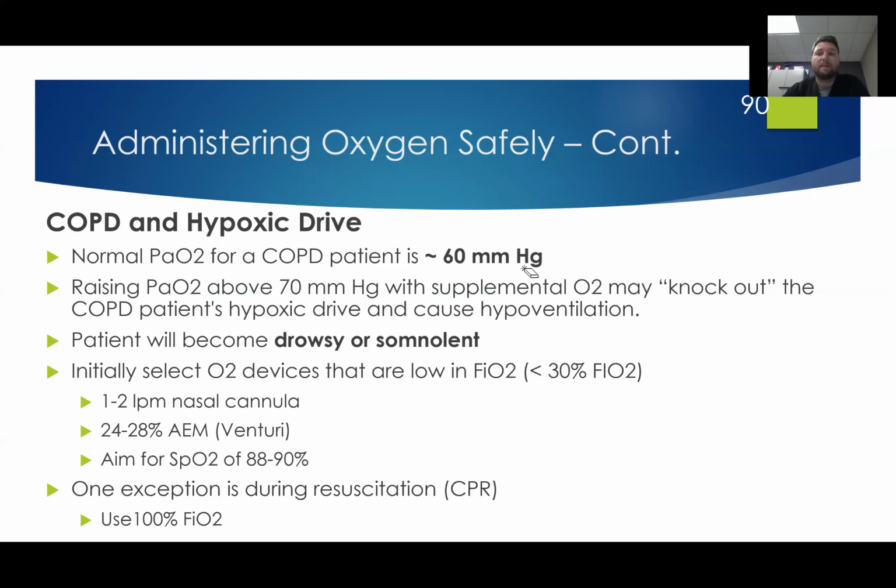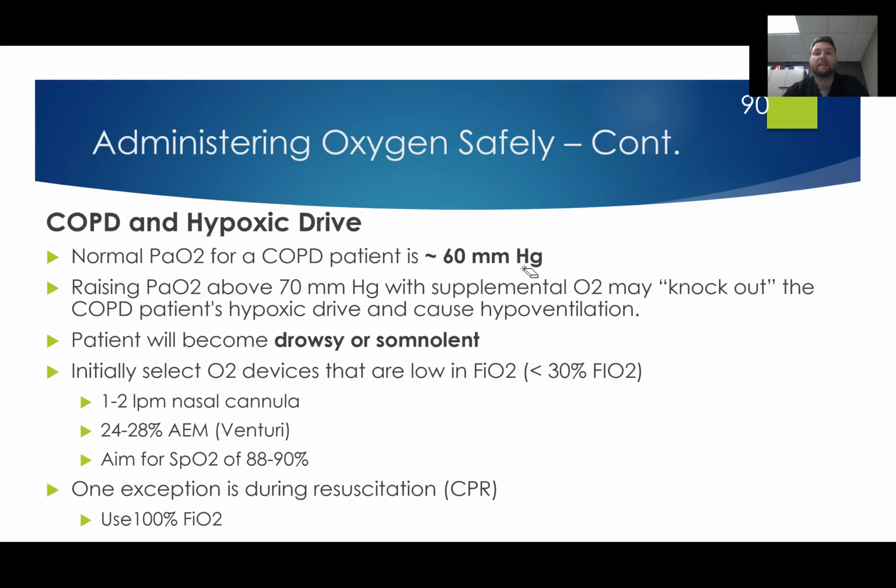But because COPD patients are chronically high on CO2, that doesn't work for them anymore. They no longer can rely on that system. So they switch over to chemoreceptors that measure oxygen in the blood because their CO2 receptors are fried from having high CO2 all the time. And so the amount of oxygen tells them how much to breathe and when to breathe.